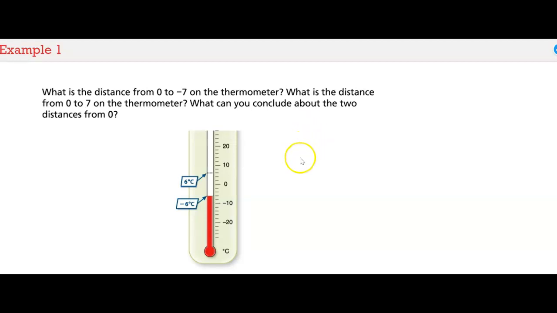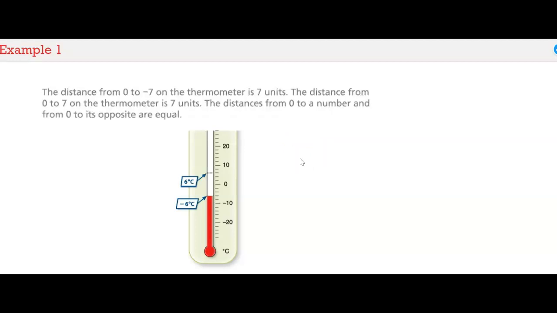What can you conclude about the two distances from 0? The distance from 0 to negative 7 on the thermometer is 7 units. The distance from 0 to 7 on the thermometer is 7 units. The distances from 0 to a number and from 0 to its opposite are equal.